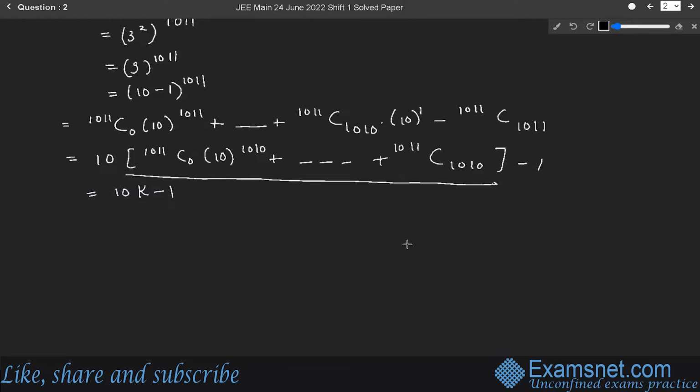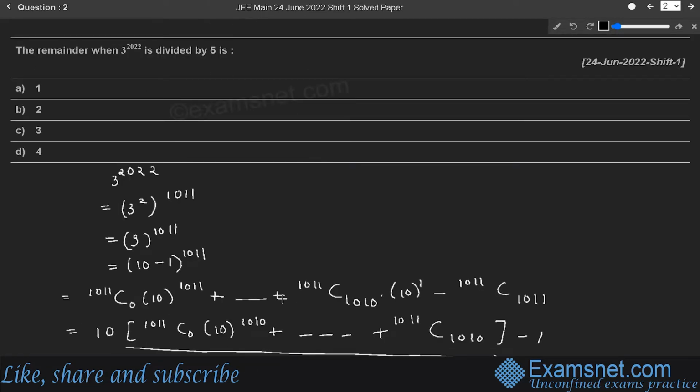Now adding and subtracting 5, this becomes 10k minus 5 plus 5 minus 1. Taking 5 common, it will be 5(2k minus 1) plus 4. Here we can see that the remainder is 4 when it is divided by 5. So we can say that the correct answer for this question is option D, which is 4.